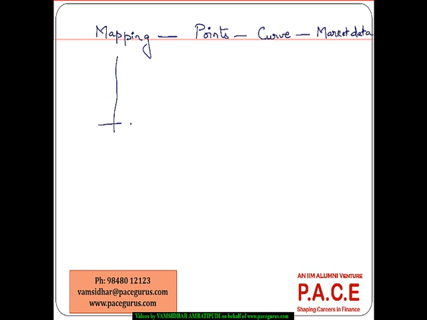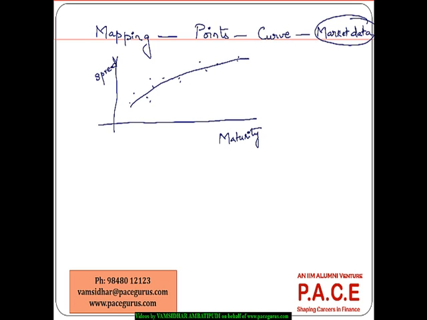So I'll have a curve where I take maturity on the x-axis and the credit spread, whatever is the definition, on the y-axis. It could be a CDS spread or a bond spread or whatever. For those parties whose numbers are available because of the market data, we plot them and come out with a smooth curve.